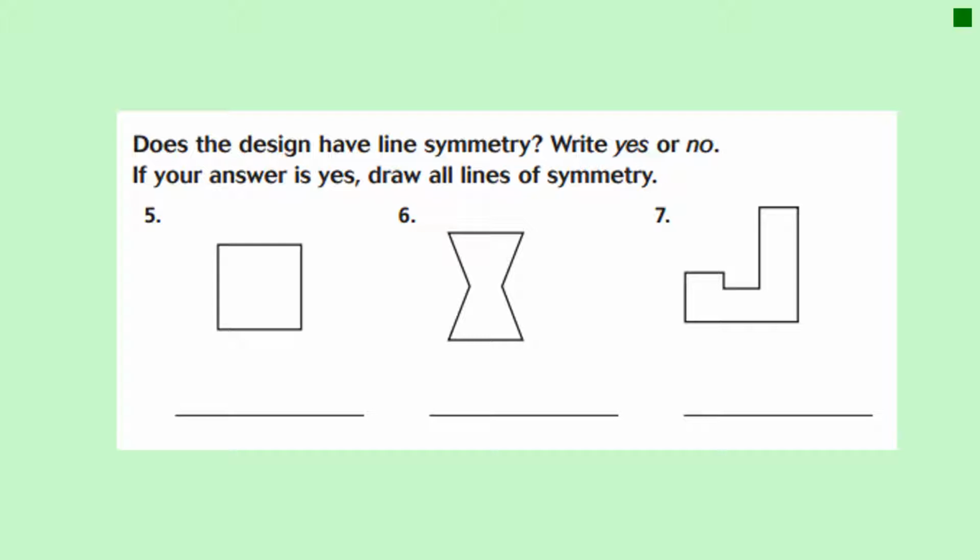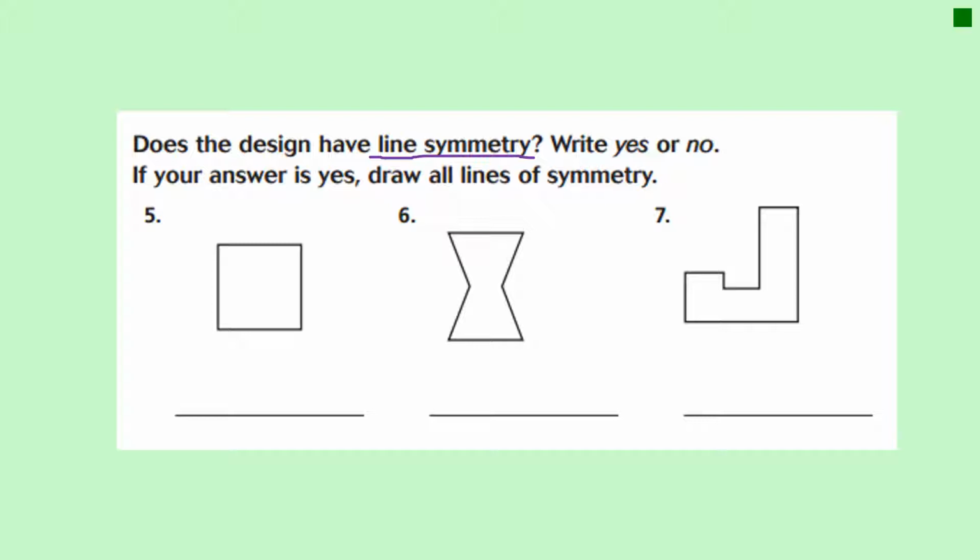It says, does the design have line symmetry? Now, line symmetry is just whether a shape has a line of symmetry that makes it symmetrical. Later, you're going to learn about rotational symmetry. So they call it line symmetry now just for you to get used to it.